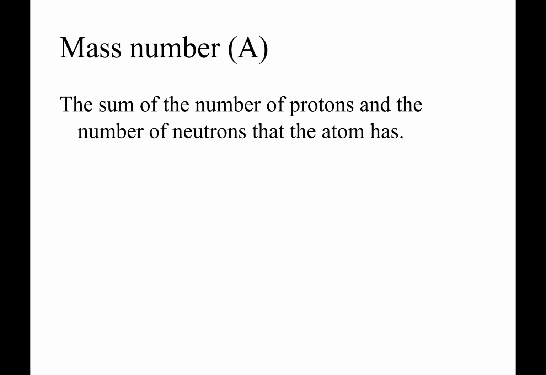Let's do an example right quick. Okay. Let's pick on phosphorus. So if I was going to draw a phosphorus atom, I would go 1, 2, 3, 4, 5, 6, 7, 8, 9, 10, 11, 12, 13, 14, 15.